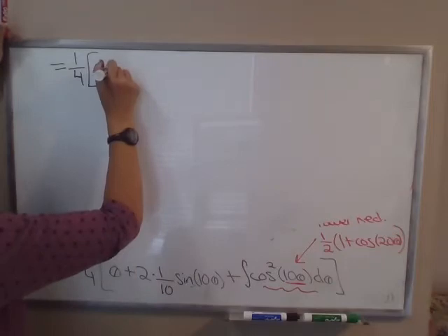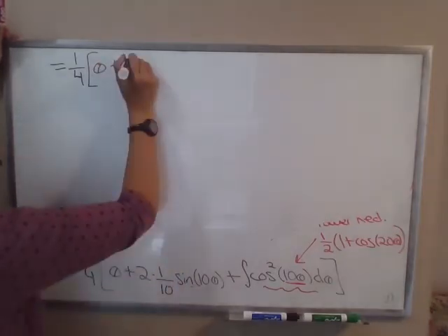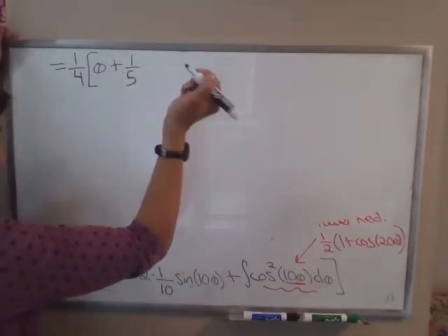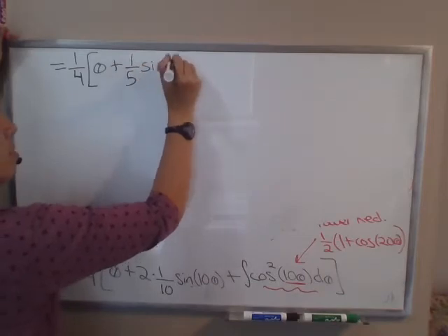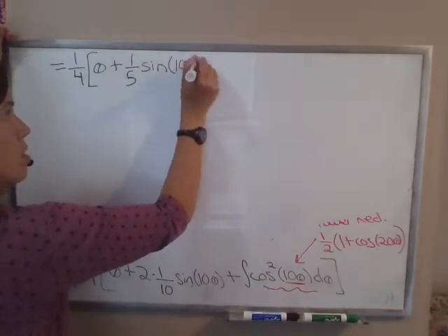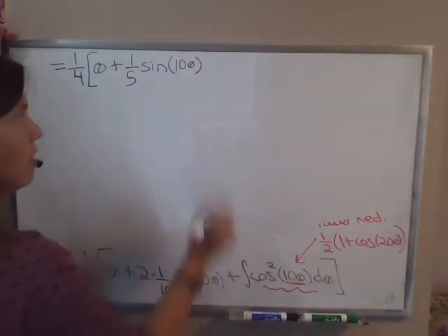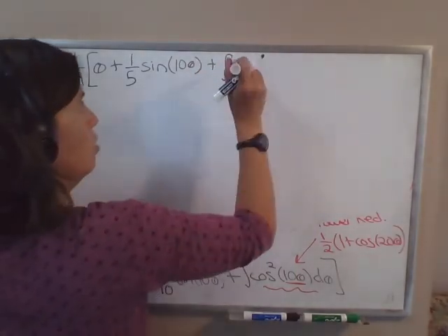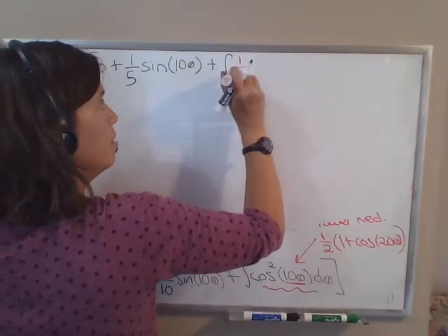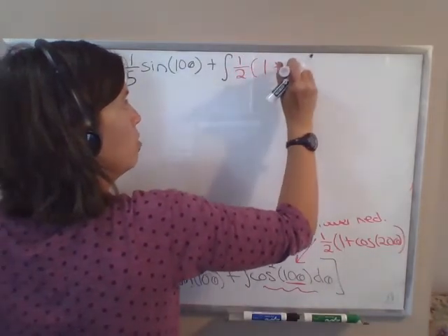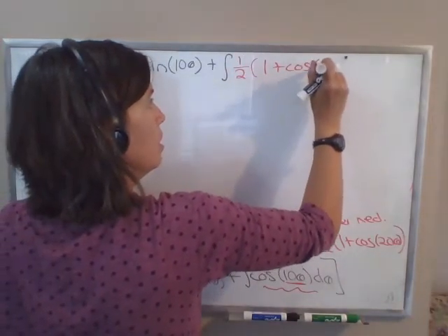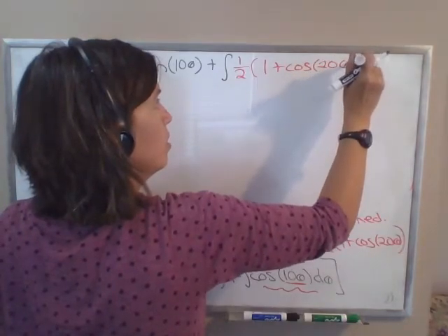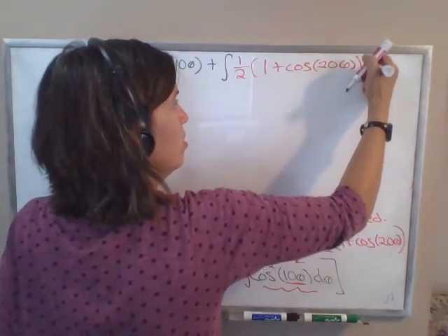So theta plus the 2 over 10 here I can reduce to 1 over 5 sine of 10 theta. Okay, and then we're integrating 1/2 times 1 plus cosine of 20 theta d theta.